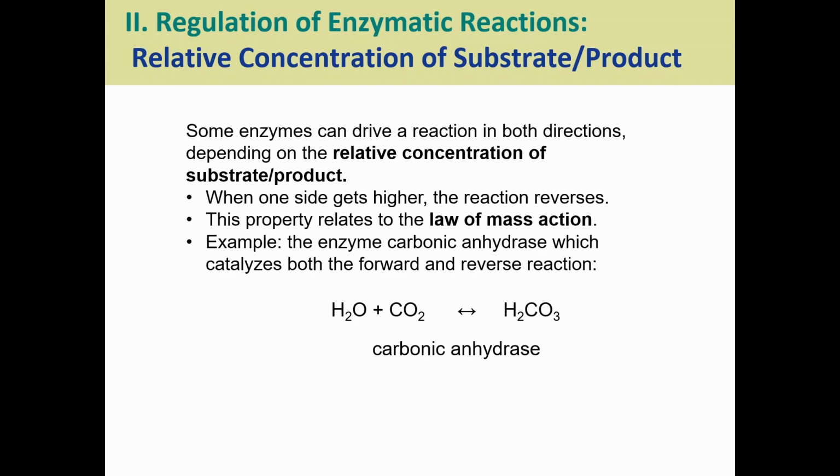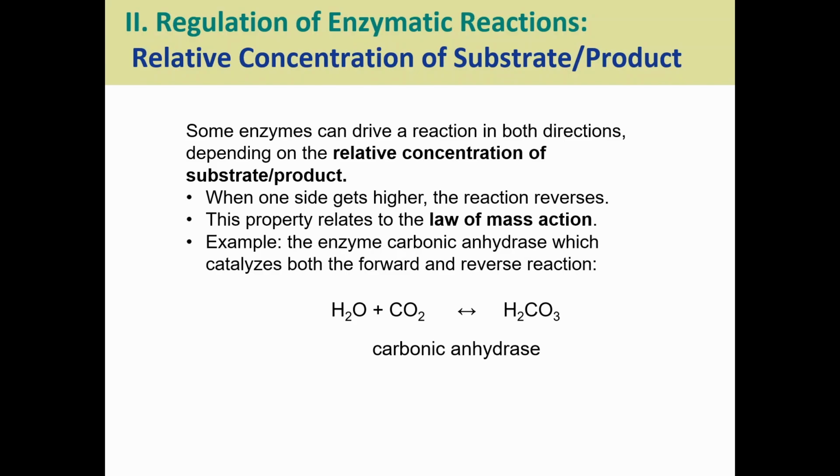Sometimes the relative concentration of the substrate and product can also be something used to regulate things. So enzymes, again, can drive reactions sometimes in both directions. One of the good examples is how we use bicarbonate as a buffer, and we can go back and forth between that bicarbonate and carbon dioxide and whatnot using an enzyme called carbonic anhydrase.